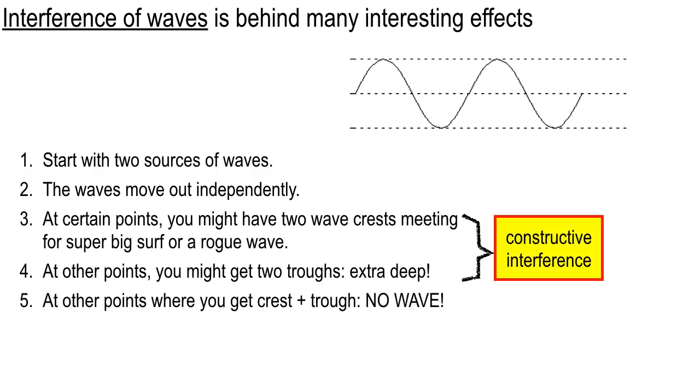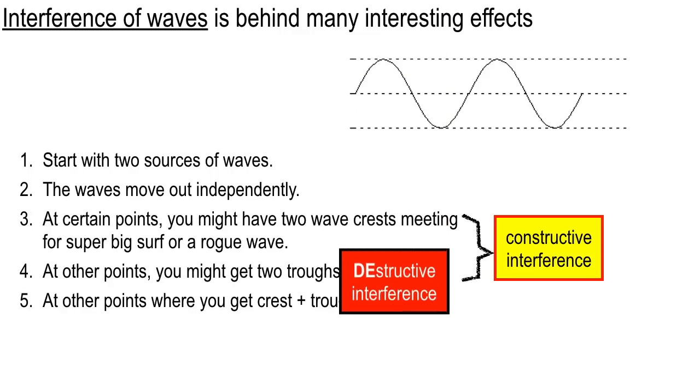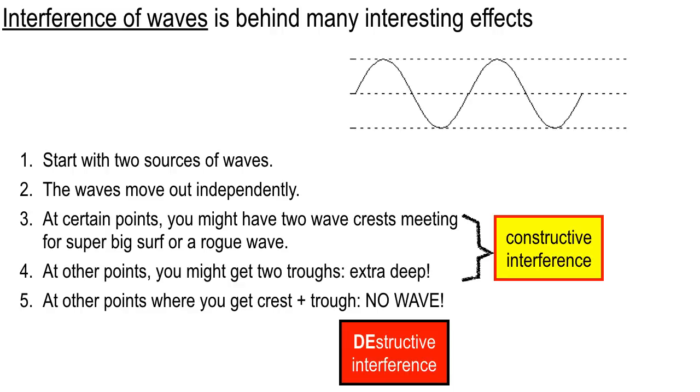So if at these other points to the left and right of you, or to the front and back of you, it's a point where a crest meets a trough, and that's going to happen all over the ocean, where that happens, the two waves give you basically flat water, no wave. And that is what we call destructive interference.